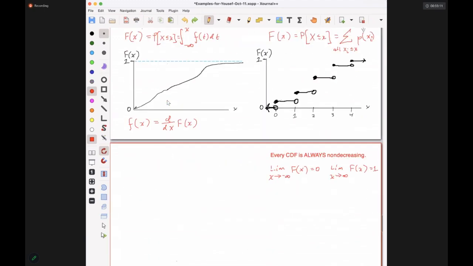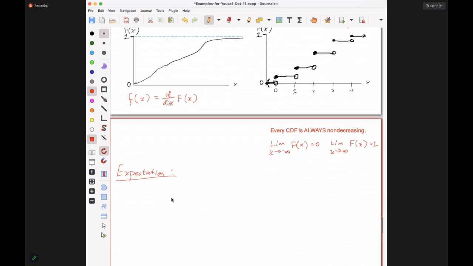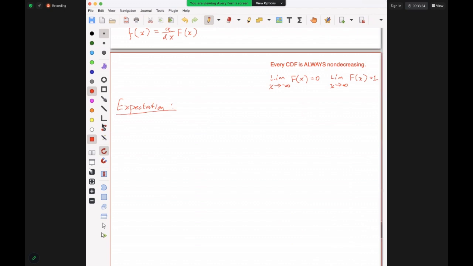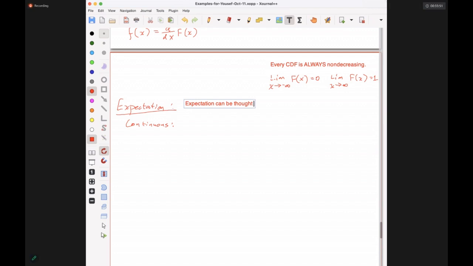So here for expectation, in the continuous case, actually for either continuous or discrete distributions, expectation can be thought of.